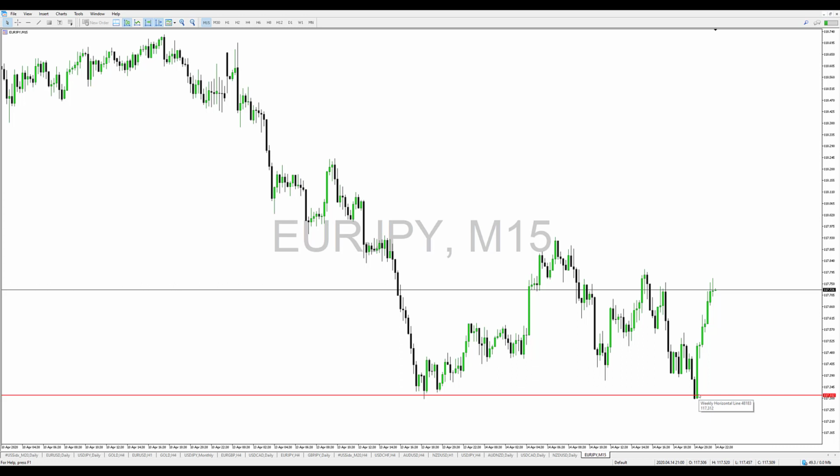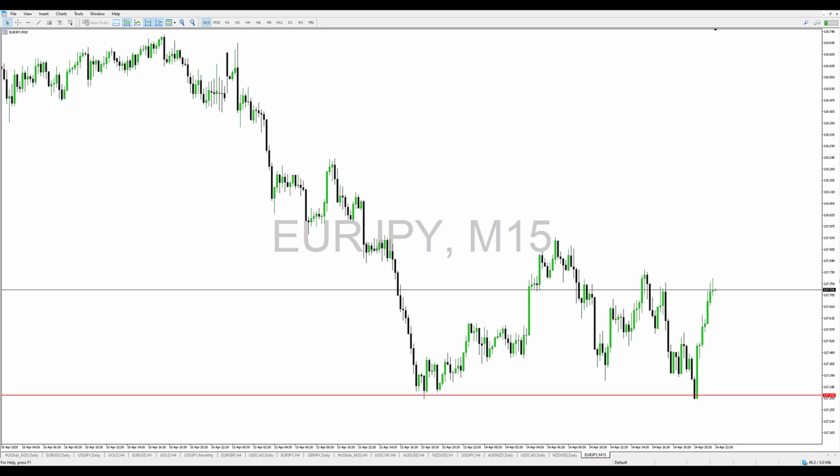So this is how you trade support and resistance, guys. But of course, there's more to it that you have to consider. For a beginner's guide, this is the basic understanding that you need to have. You buy at a support, you sell at a resistance zone.